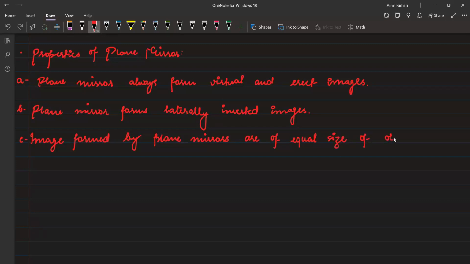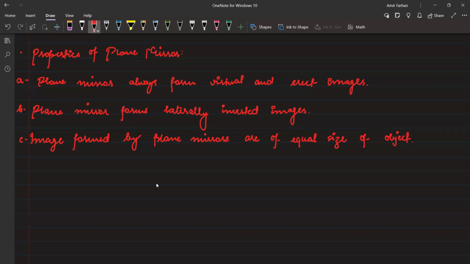So when you stand in front of a mirror, do you observe that your image is larger than your actual body? No. You must have seen that your image is the same size. That's why images formed by plane mirrors are of equal size to the object. Whatever object is placed in front of a plane mirror, the image will be of equal size.